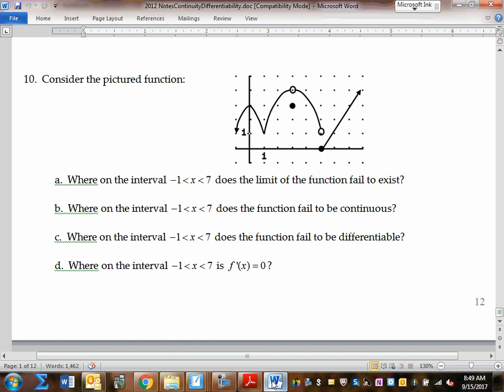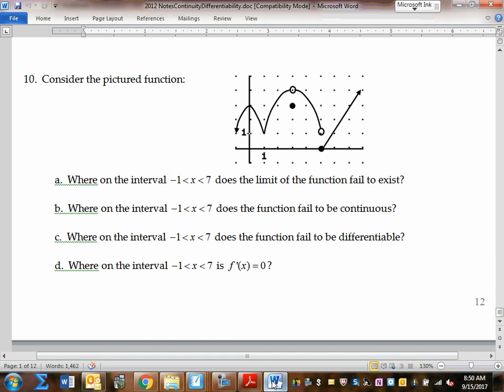So B is 3. Oh, and it's continuous. Actually, maybe 0 is because the tangent point on the side for 0.